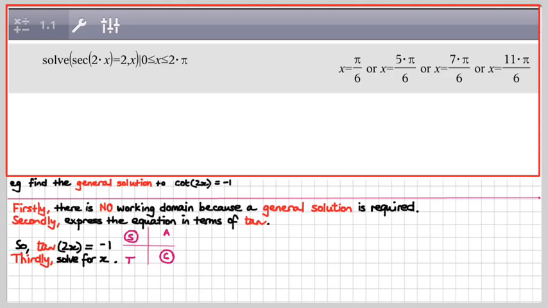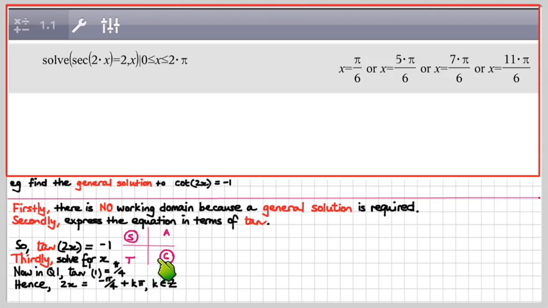Okay, so what are we saying? We're saying in quadrant 1, the angle whose tan is 1 is pi on 4. So therefore 2x equals minus pi on 4.